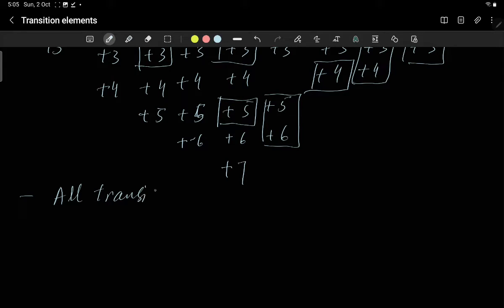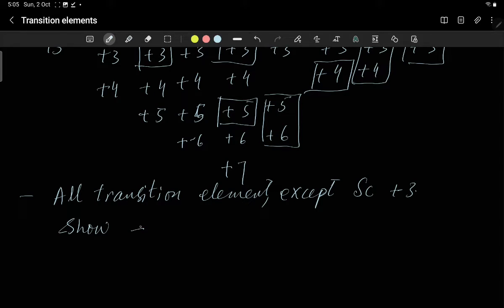All transition elements except scandium, which has plus 3, show plus 2 oxidation state. This is a common feature of all transition elements.